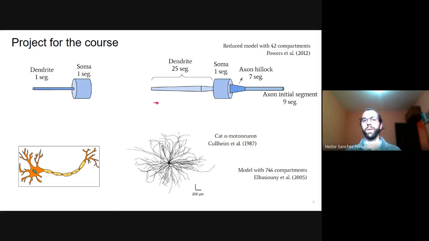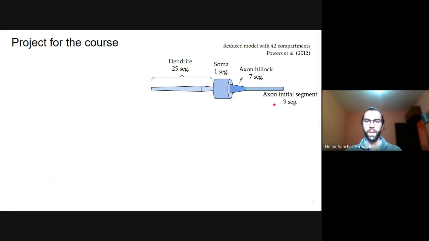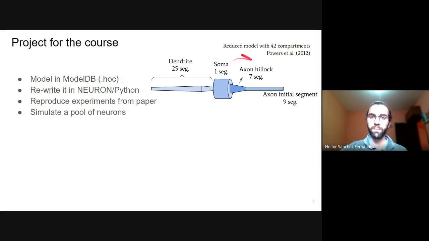Here I have a dendrite that has multiple segments, an axon hillock and an initial segment. This model is available in ModelDB, one of the reasons I chose it.